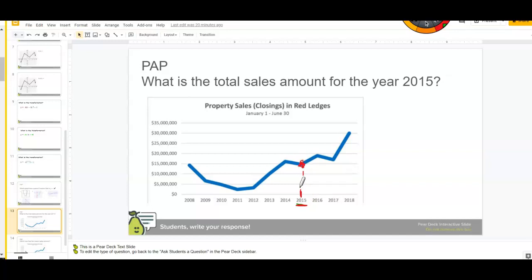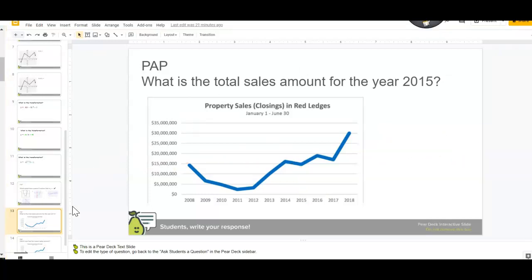So we're talking about this point. Now you're going to tell me what is the total amount on the y-axis for this point. So from this point, go to touch your y-axis, and you'll see we touch here, and the total amount is 1,500,000. Okay? So this is just like f of 2015 equals what? Right? It's the same question as what we did before.